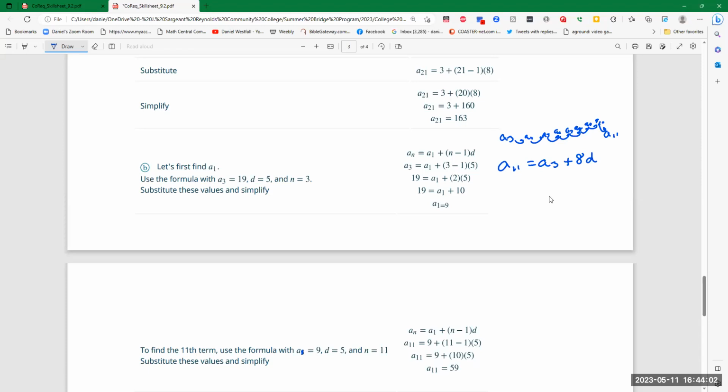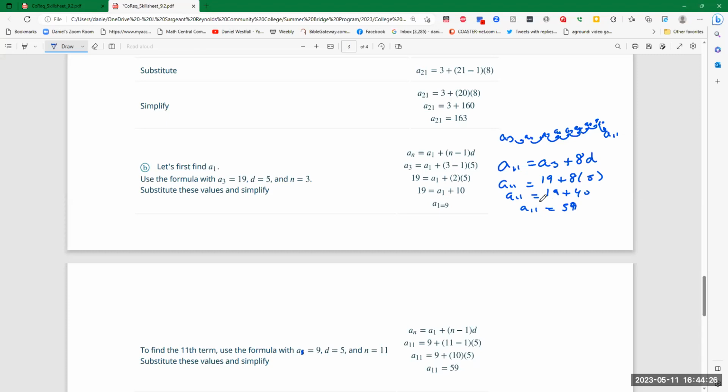So that's going to be A11 is going to be 19 plus 8 times 5. A11 would be 19 plus 40 is 59. There's more than one way to do this.